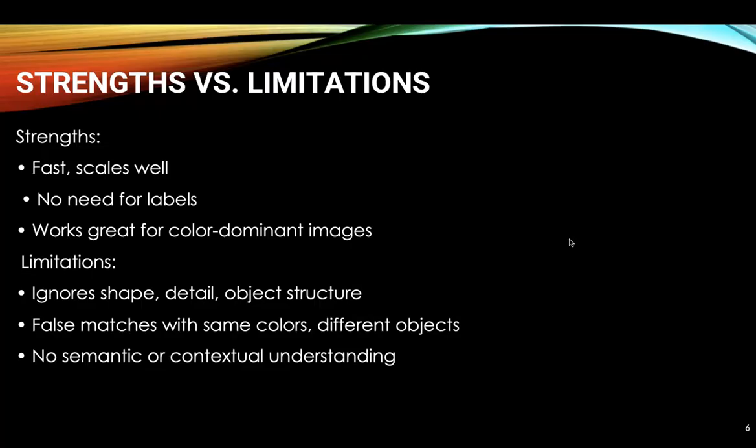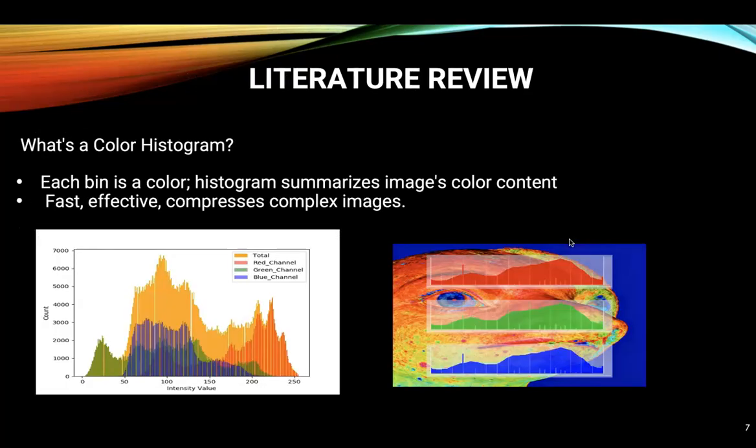A color pattern with a triangle and a color pattern with a square, if they have an equal number of pixels and histogram counts, will both show the same result, due to which we might get false matches with the same colors but different object shapes. As we discussed, there is no semantic or contextual understanding.